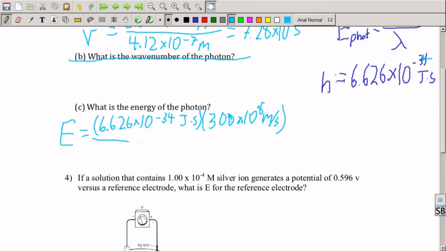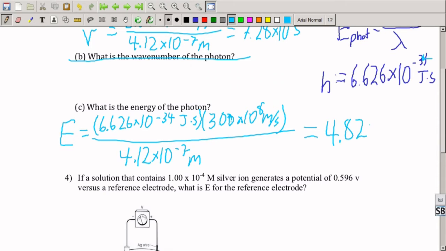And we divide that by the wavelength, 4.12 times 10 to the negative 7th meters. Okay.